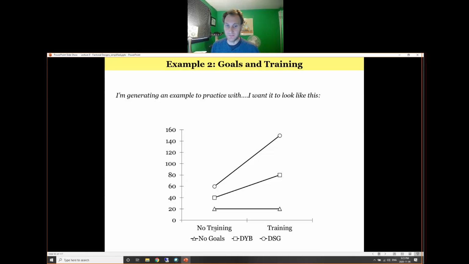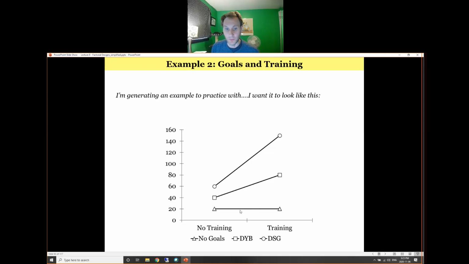We can see a main effect of training because on average, if I collapse across goals, there's a difference between the training and the no training condition. Likewise, if I collapse across training and just look at the average of each line, we can see that the lines seem different from each other, that we get higher as we go from no goals to do your best goals to difficult specific goals.